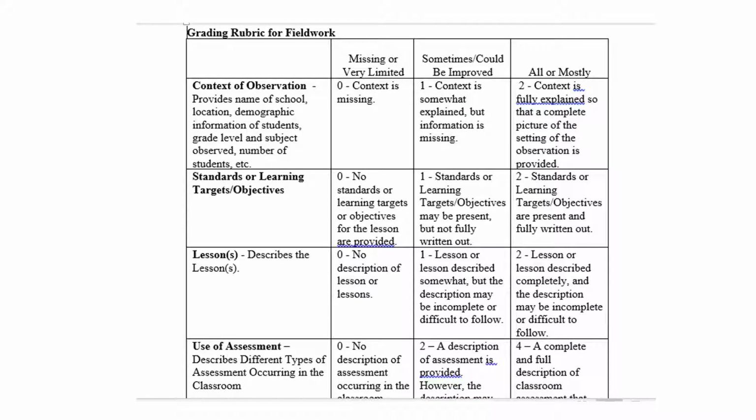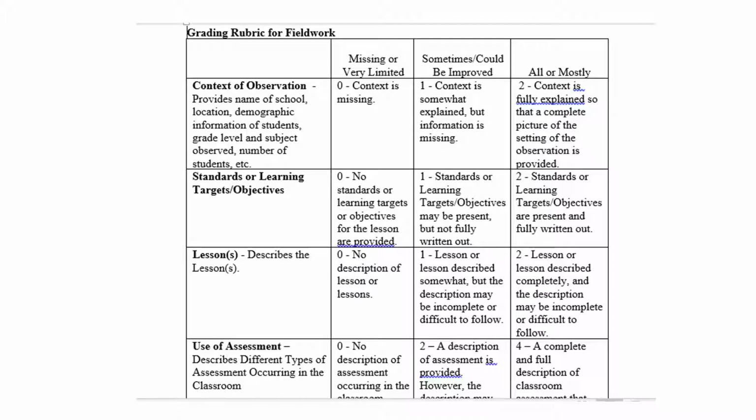I always recommend to students on these major assignments to print out or have the rubric nearby. And as you're writing, and especially at the end, go through and grade yourself on the rubric. So you can see, for example, I'm going to be looking at the context of your observation. Did you give me the name of the school, its location, demographic information of the students, grade level, not subject observed, number of students.